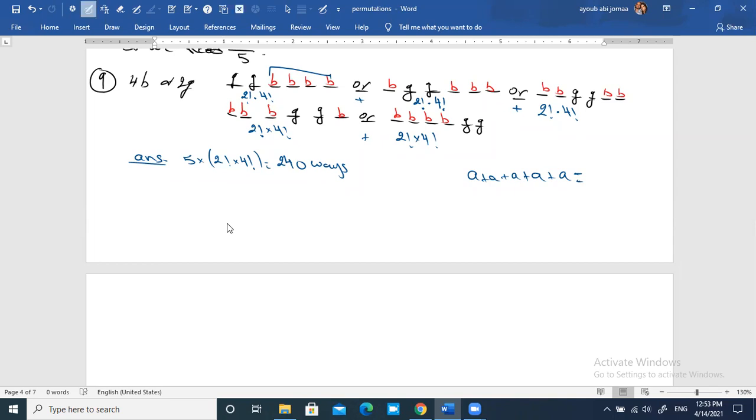It gives 5A. What do I write? Is equal to what?